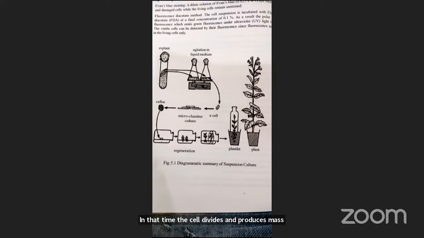Later, this callus is transferred into a basal media with phytohormones such as cytokinins and auxins in different ratios. At that time, the cytokinin concentration is very high when compared to the auxins.